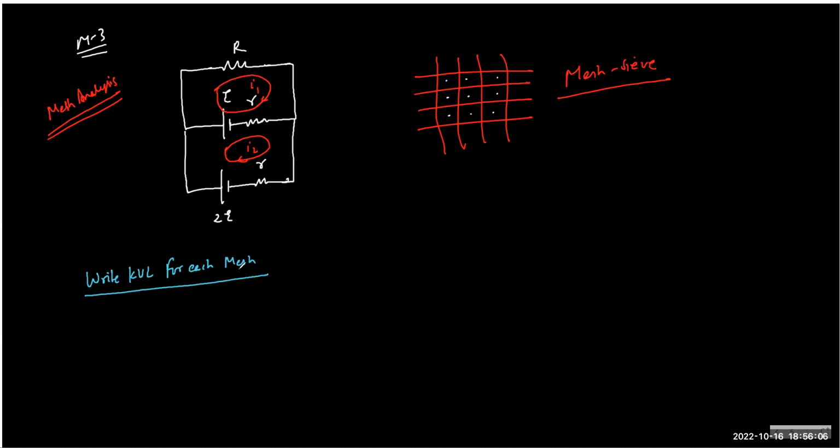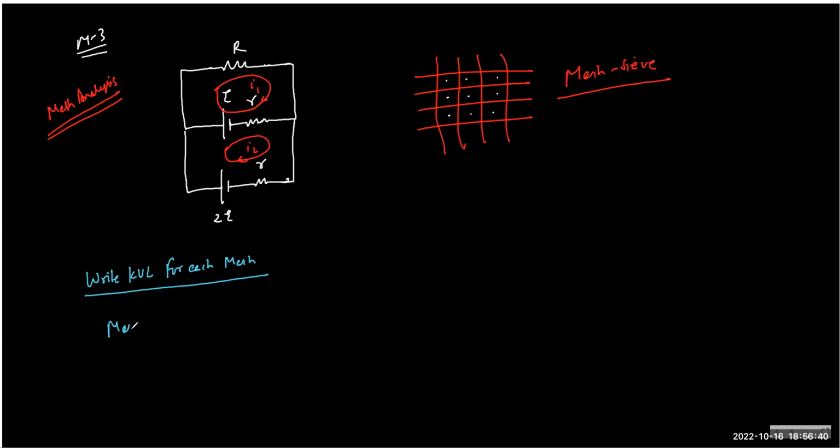So the mesh is the smallest possible closed path in which there is no subpath, and a loop is any general path. So here, if I ask you how many loops we have, the answer is we have one loop, we have another loop, we have this loop also. So technically we have three closed paths, but if I ask you how many meshes we have, we only look for the independent loop, the loop in which we don't have any sub loop.